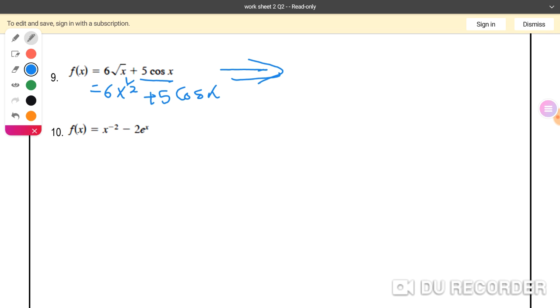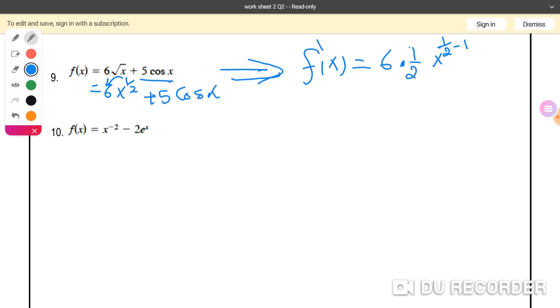This implies f prime of x. What is the derivative of this one? Apply the power rule. 6 multiply half, x to power half, decrease the exponent by 1.